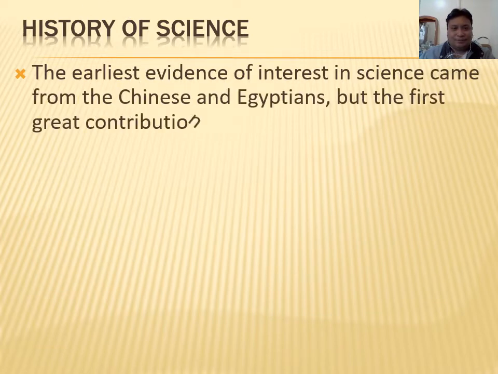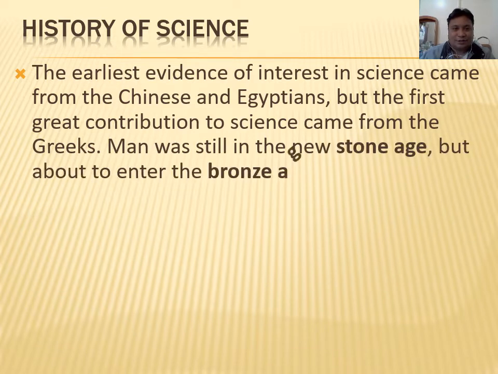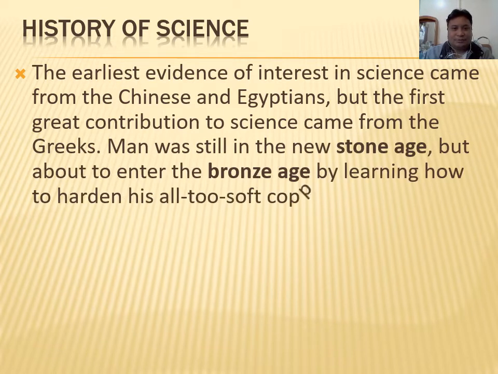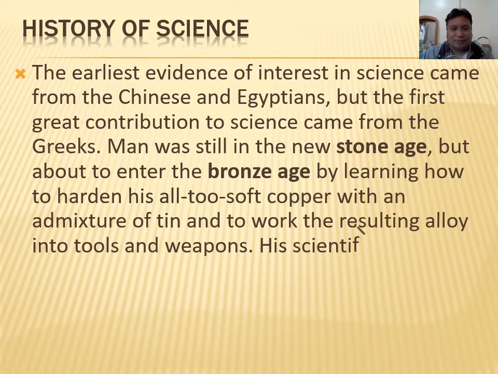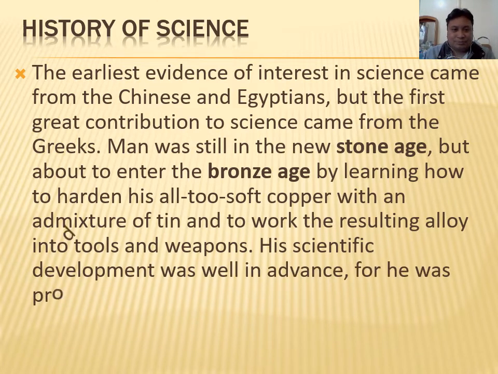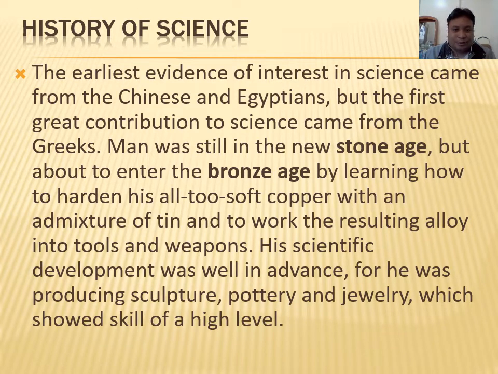Okay, so the earliest evidence of interest in science came from the Chinese and Egyptians, but the first contribution to science came from the Greeks. Man was still in the New Stone Age, but about to enter the Bronze Age by learning how to harden the too soft copper with an admixture of tin to work the resulting alloy into tools, weapons.